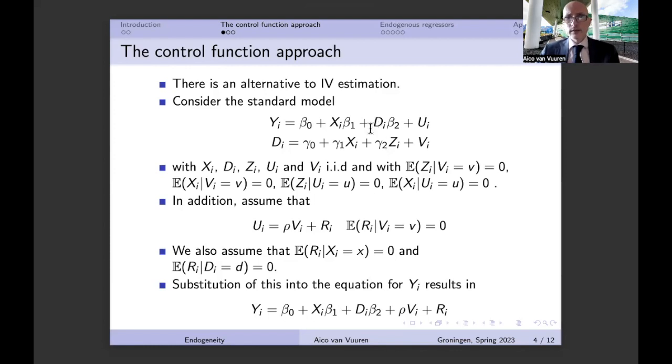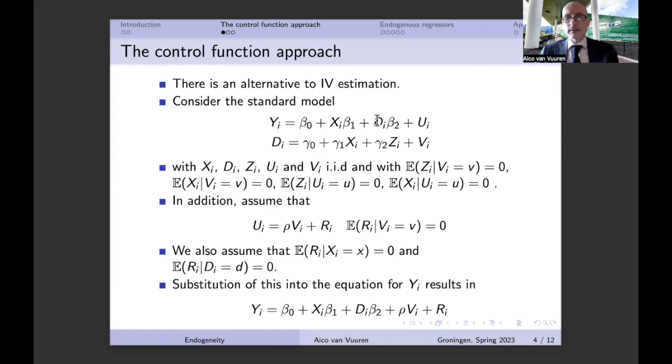We already know that endogeneity means that D and U are correlated with each other. So generally, if you would like to do something about that, you either have to do something with respect to D, or you have to do something with U, in order to make D and U no longer correlated. That's essentially what you have to do to consistently estimate the beta 2 coefficient.